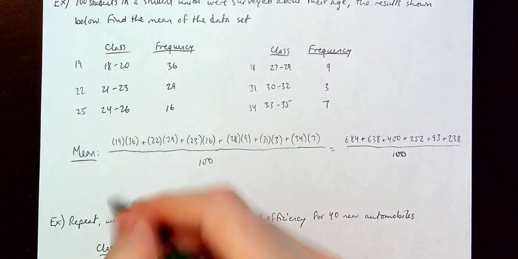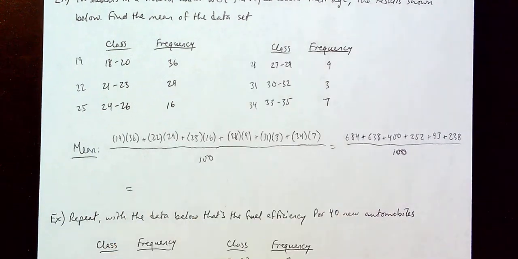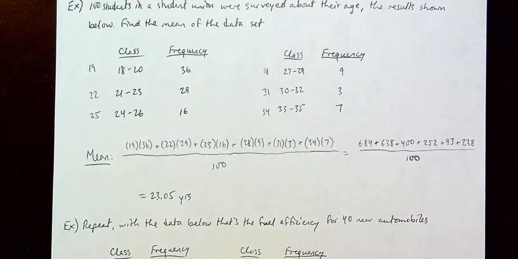I'm going to add those numbers up and then divide by 100. And through more video magic, I've taken the sum and divided by 100, and in the end you come to 23.05 years, or approximately 23 years. So this is an estimate as to what the mean is.